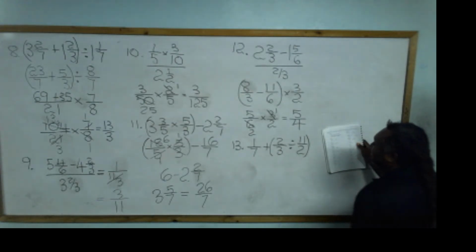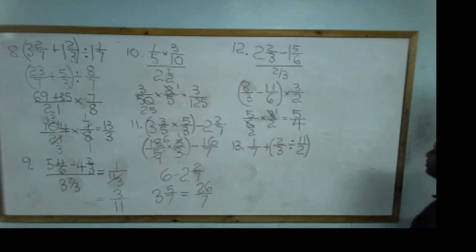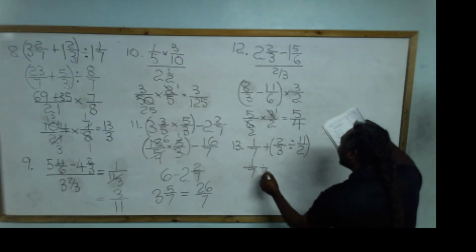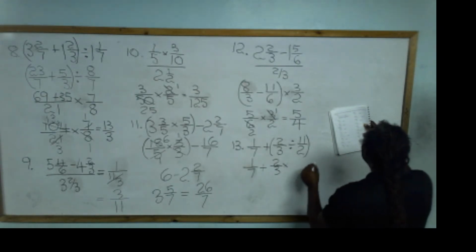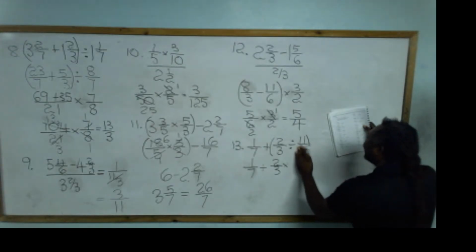That's a beautiful problem. 1 over 7 plus 2 over 3 multiplied by 11 over 12.